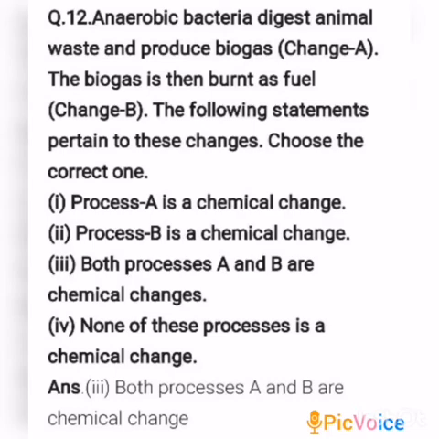Then the 12th one. Anaerobic bacteria digest animal waste and produce biogas. That is change A. The biogas is then burnt as fuel. That is change B. The following statements pertain to these changes. Choose the correct one. This question also is like the 11th one, children.